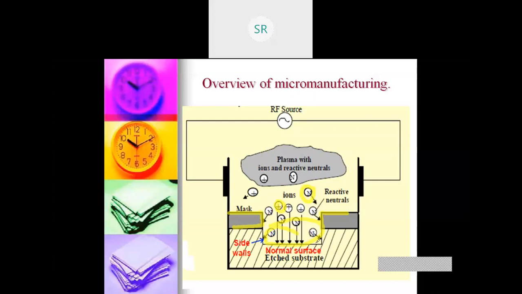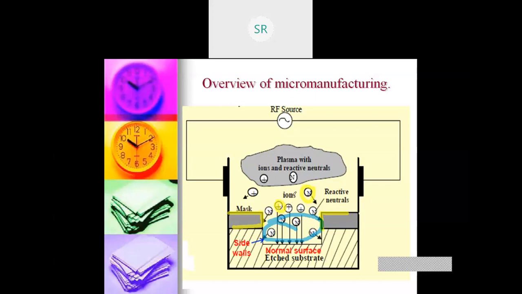Because the charged ions have high energy content, local evaporation happens here, and finally the substrate material is removed. So whatever the substrate material is there, it will be removed. This is the process of plasma etching.